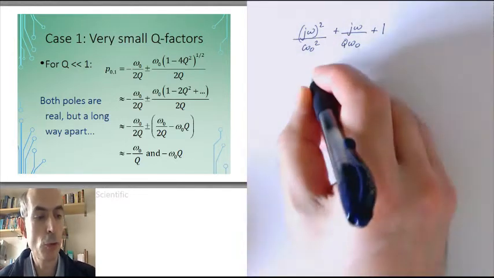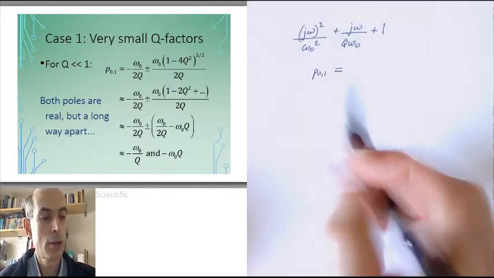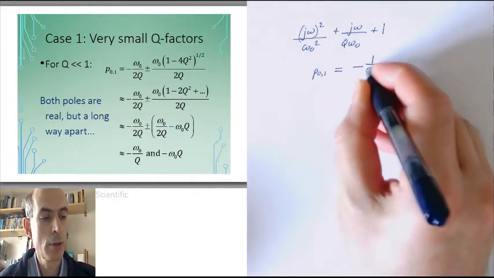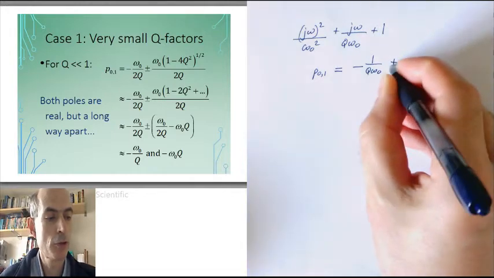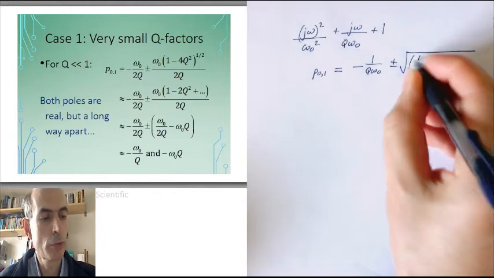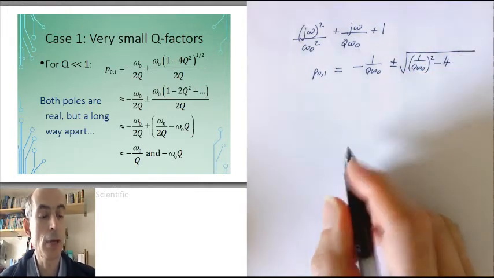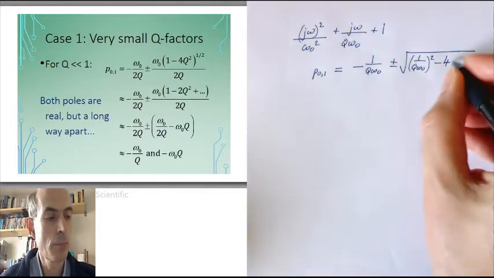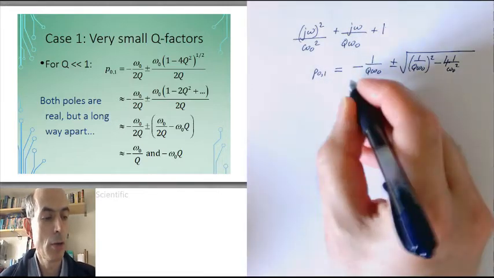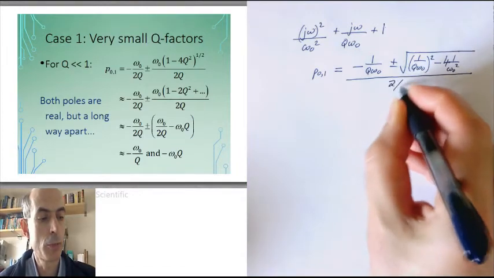So, my two poles must be given by the quadratic formula, which is minus b, in this case 1 over Q omega naught, plus or minus the square root of b squared, that's 1 over Q omega naught all squared, minus 4 times a, 1 over omega naught squared, times c, 1, all over 2a, all over 2 omega naught squared.